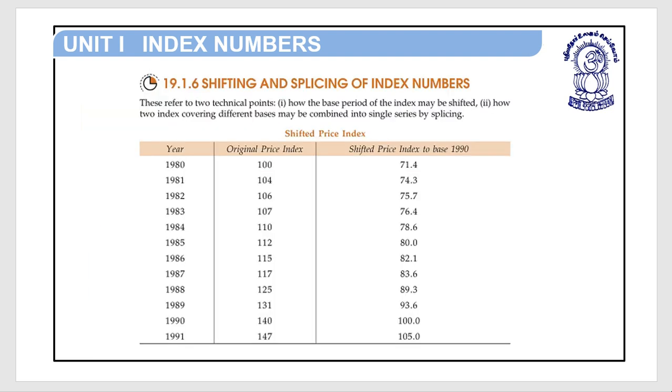Now, next is shifting and splicing of index numbers. These refer to two technical points: how the base period of the index may be shifted, and second, how two indices covering different bases may be combined into a single series by splicing.